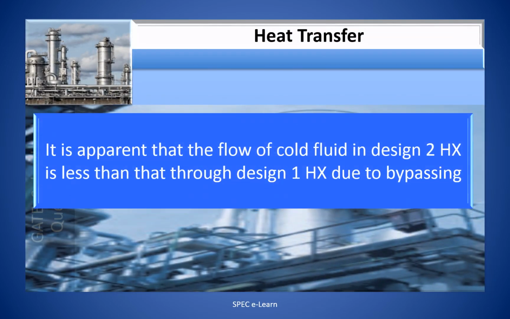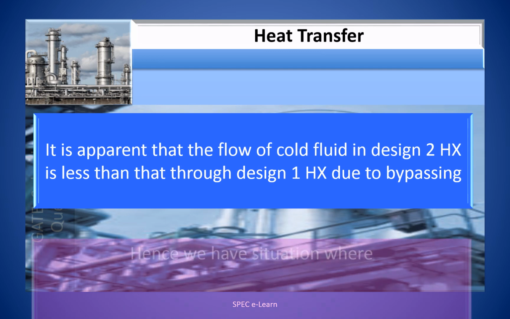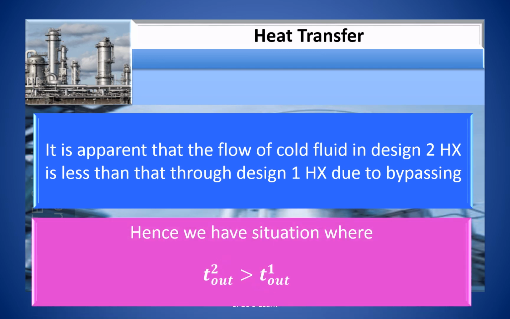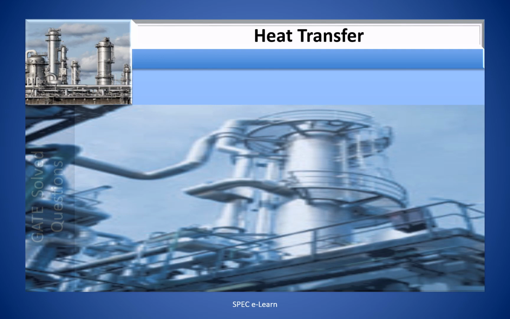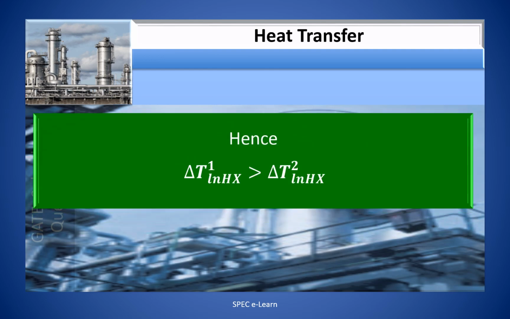It is apparent that the flow of cold fluid in design 2 heat exchanger is less than that through the design 1 heat exchanger due to the bypassing effect. Hence, we have the situation where T2 out is greater than T1 out. Hence, delta T1 ln Hx is greater than delta T2 ln Hx.